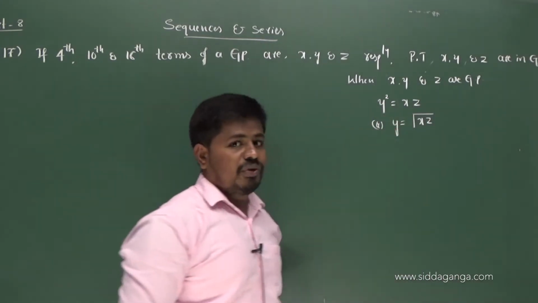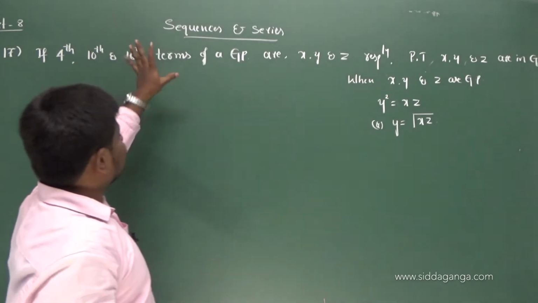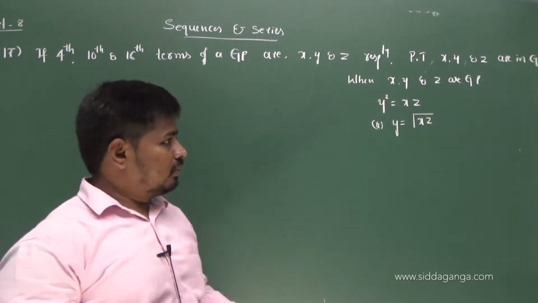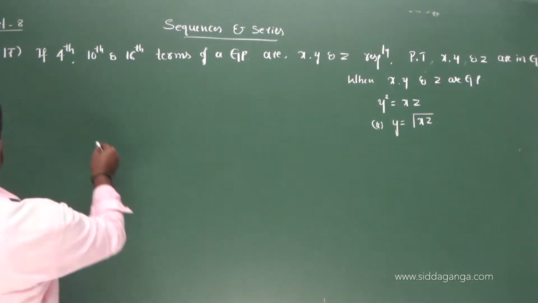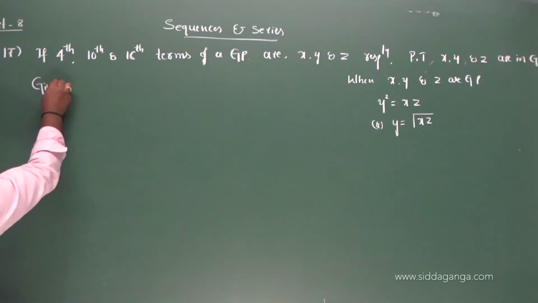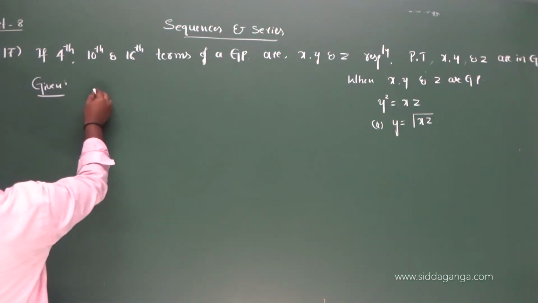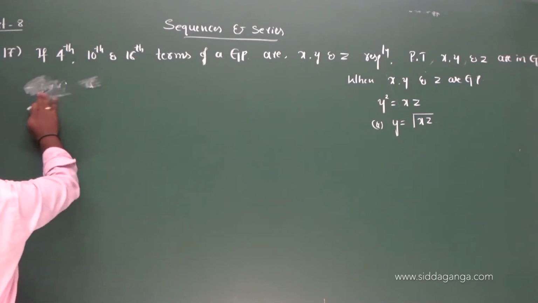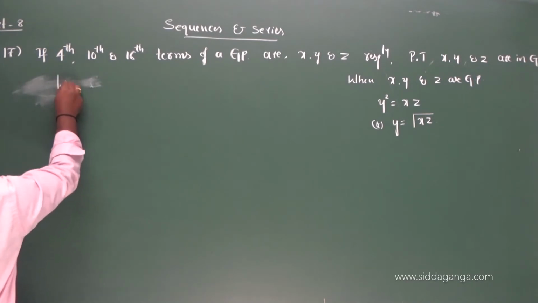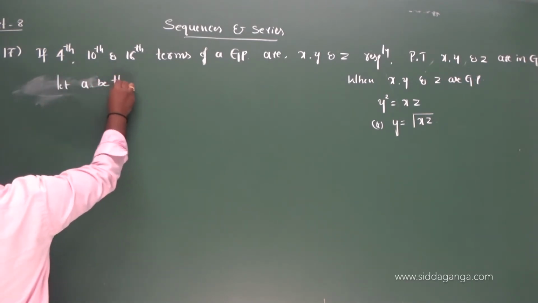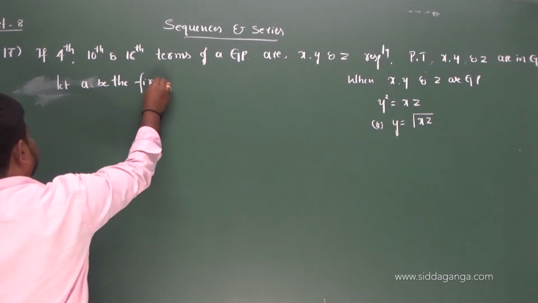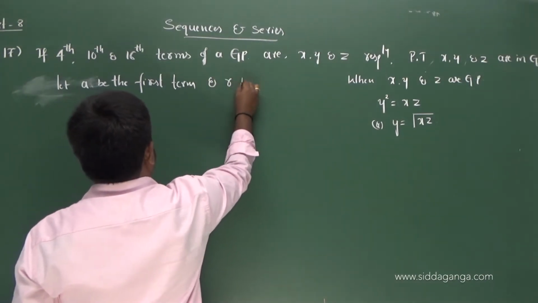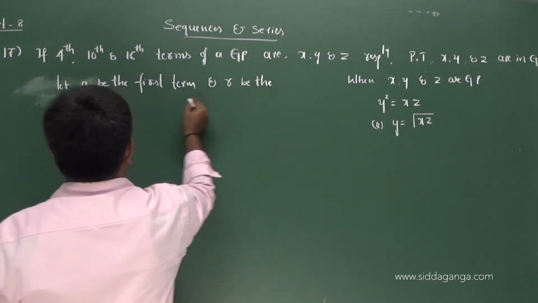When you prove this by using the given data, then it is true that x, y, z are in GP. So what is given? Let A be the first term and R be the common ratio.